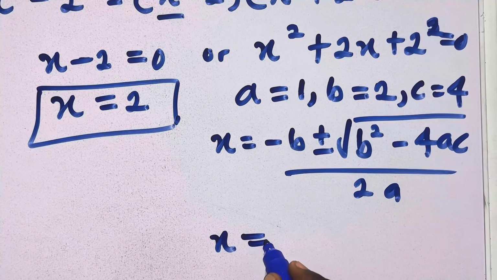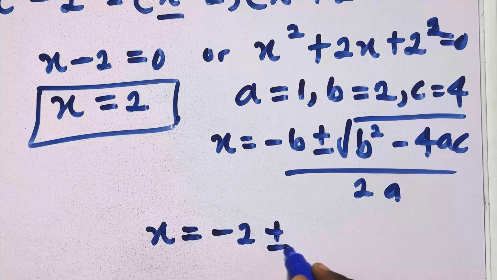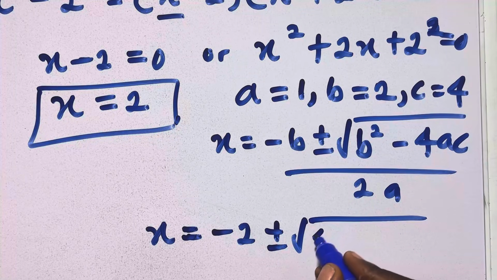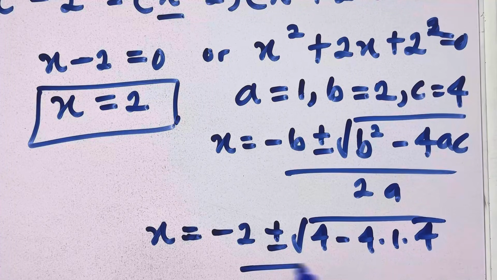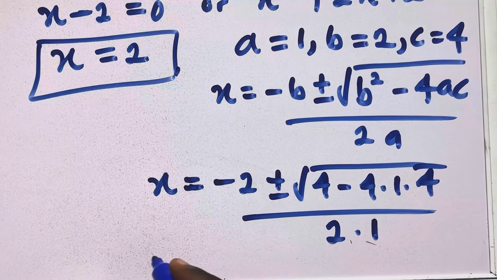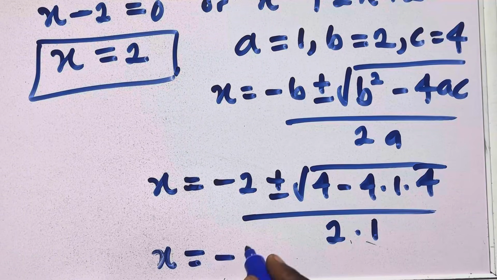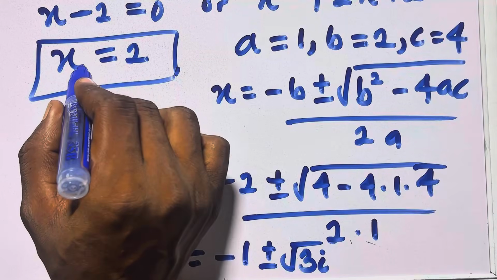So if you substitute this, we are going to have x equals minus 2 plus or minus square root of 4 minus 4 times 1 times 4, everything divided by 2 times 1. On simplification, what we are going to get is complex roots. So we are going to get x equals minus 1 plus or minus square root of 3i.